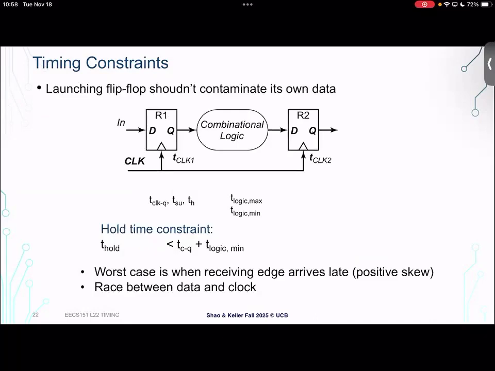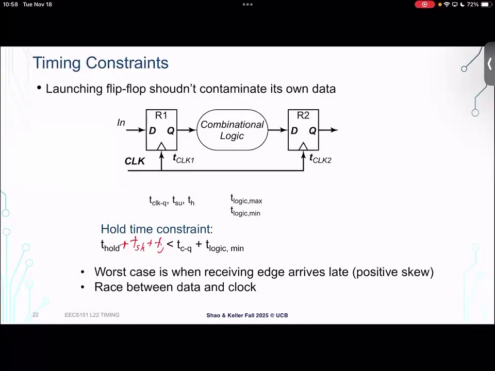Okay, and then for the hold constraint, we similarly need to update, so now we'll say T_hold plus T_skew plus T_jitter needs to be less than our minimum delay path. Unsurprisingly, the impact of skew is the opposite for hold, right?